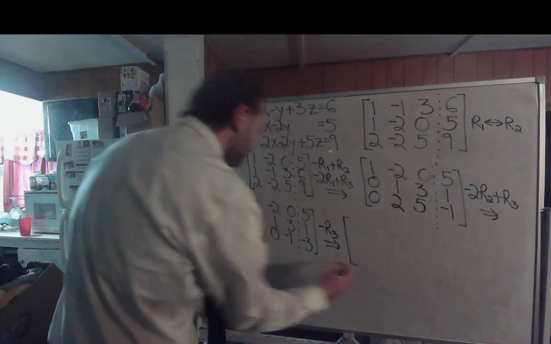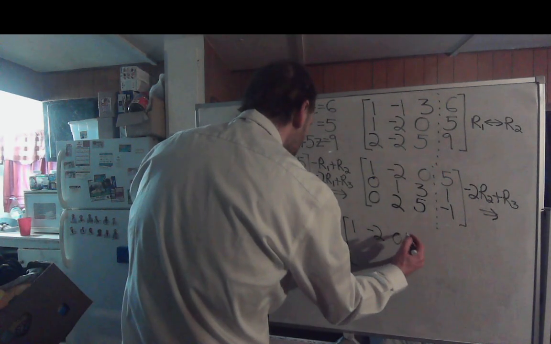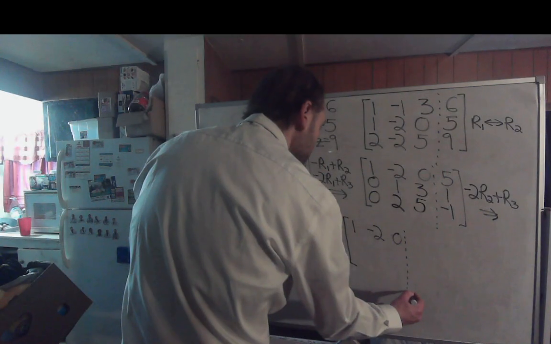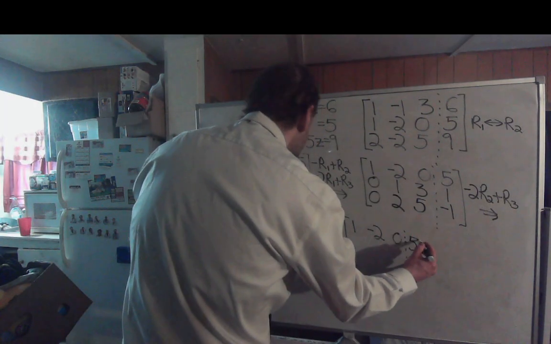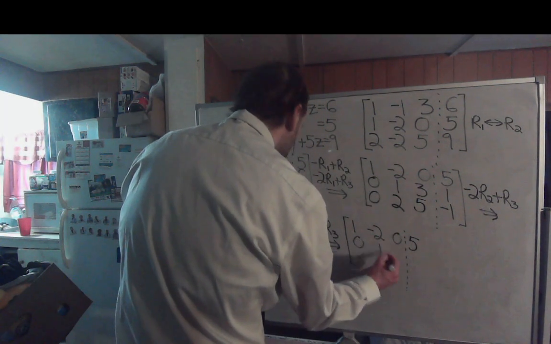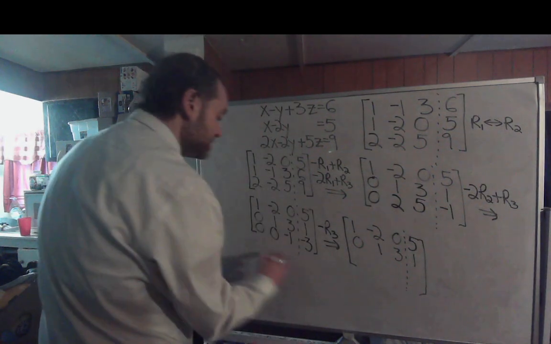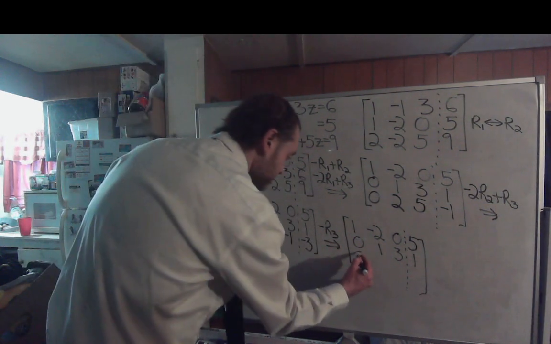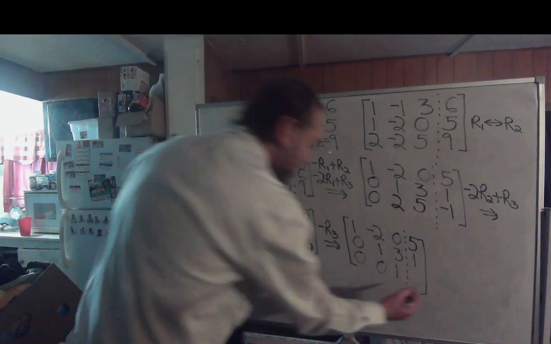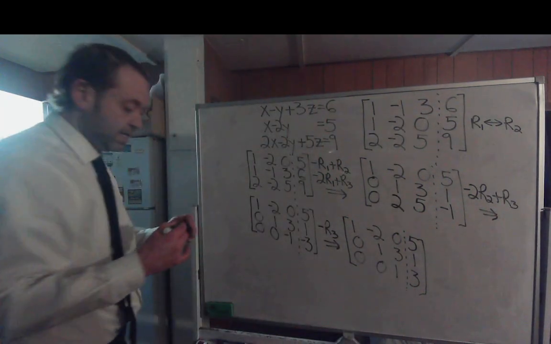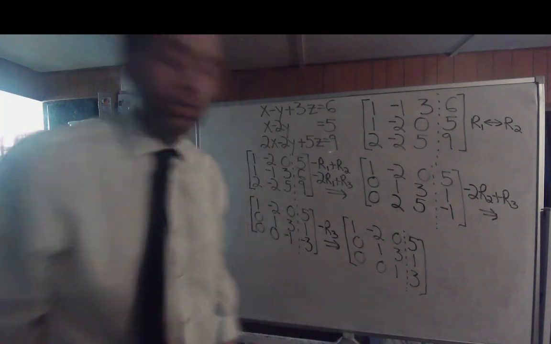So let's form the final matrix here. 1, -2, 0, 5, 0, 1, 3, 1, and then negative of row 3, you still have 0, 0, -1 becomes +1, -3 becomes +3. Now the matrix is in row echelon form since the leading digit in each row is 1.